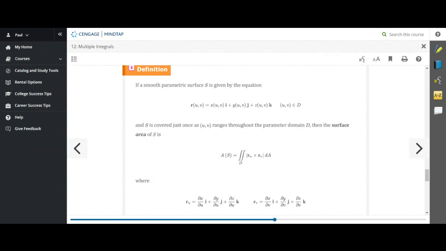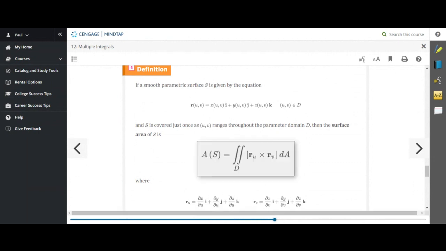Generally what I like to do when I do these problems is use this formula all the time, because it is going to work for any surface: a cylinder, a sphere, a paraboloid, anything.